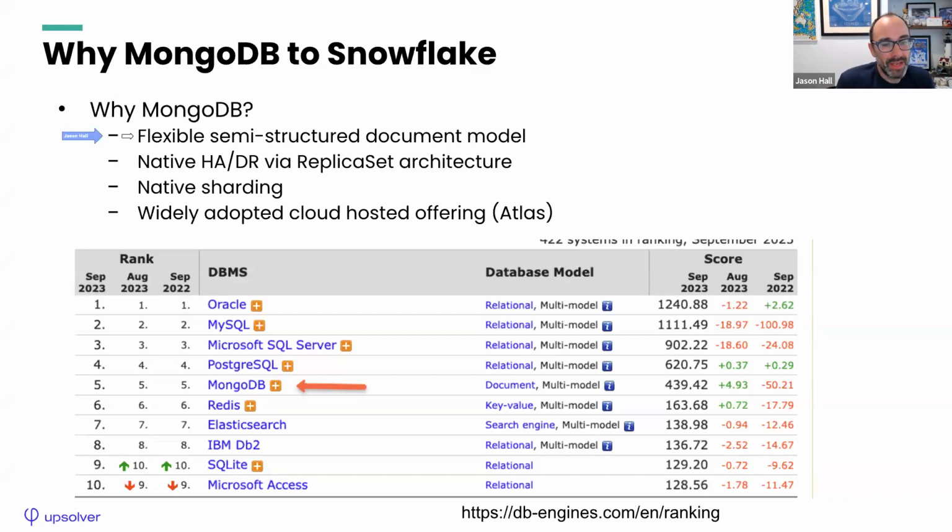Data in MongoDB is stored effectively as JSON, right? Now, technically it's BSON. It's a slightly different format, but for conversation purposes, we can think of it as JSON. And that means that data is not stored as a row, it's stored as a JSON document, right? And metrics are not stored as columns, they are stored as fields within the JSON structure.